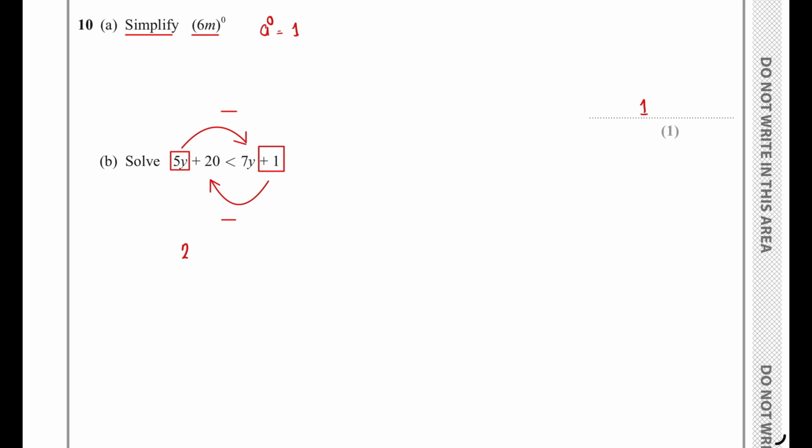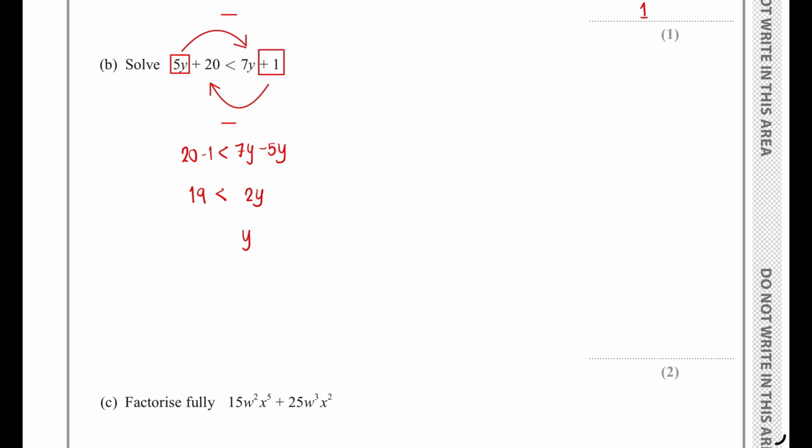So we will have 20 minus 1 less than 7y minus 5y. So it is 19 less than 2y. So therefore y is greater than 19 over 2.